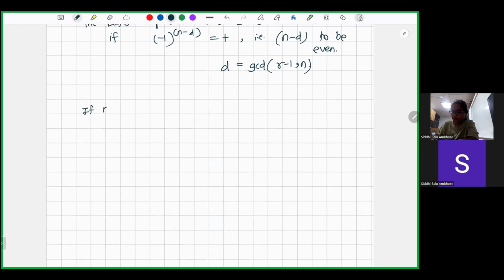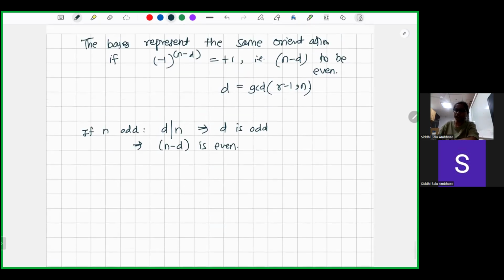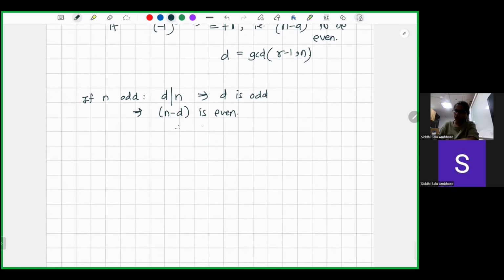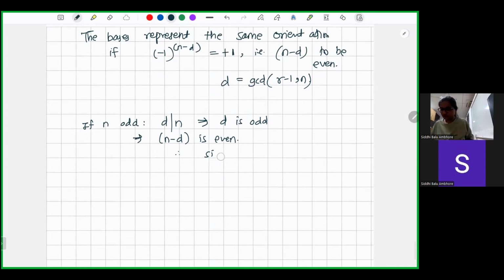Now if n is odd, then d divides n, so d is odd. This implies n minus d is even, so they have positive sign.